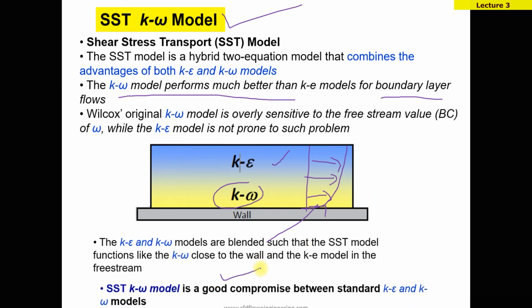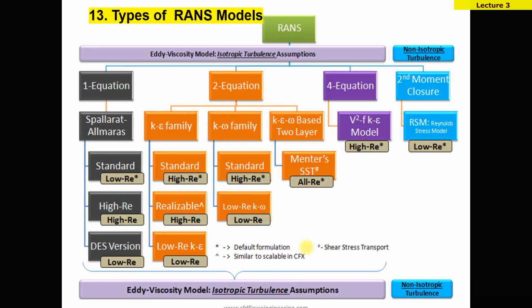Hence, the standard k-omega model is one of the popular models for CFD modeling of complex flow problems. There are many types of RANS models: one equation models, two equation models, the k-epsilon family and the k-omega family. In k-epsilon there are the standard model, the realizable model, and the RNG model.